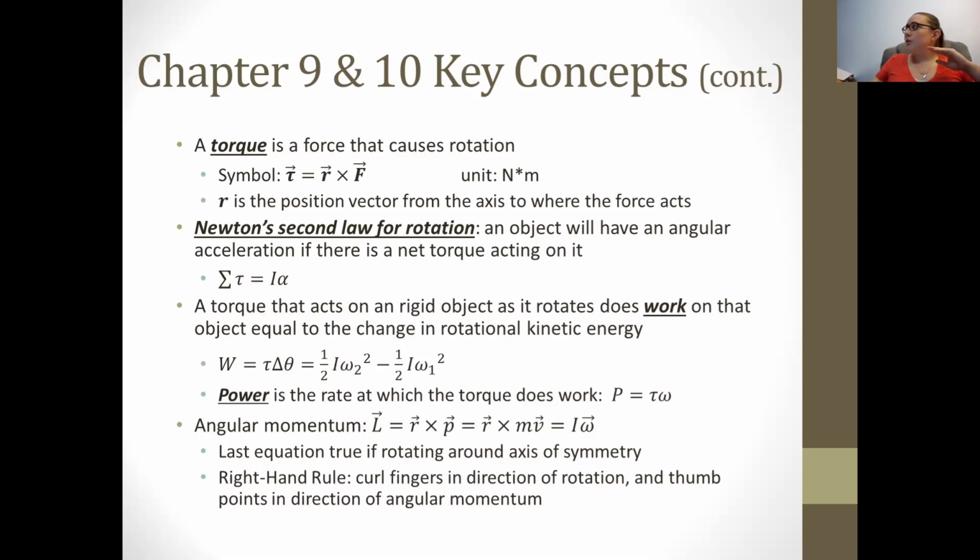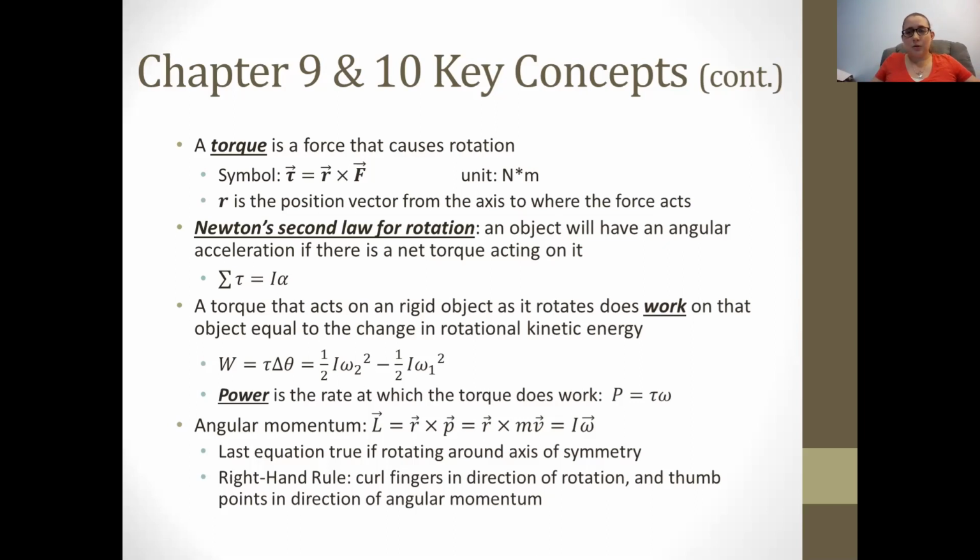So if you are inside the door and you're trying to push it, and your friend is outside the door trying to push it the other direction, remember torque is a vector, the direction matters. If you're pushing with the same amount of force, the same amount of torque in the same place on the door, there will be zero net torque.